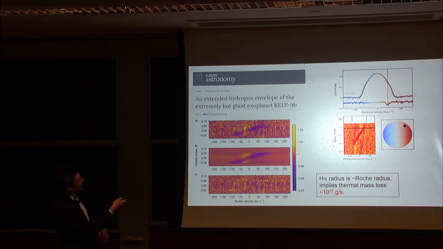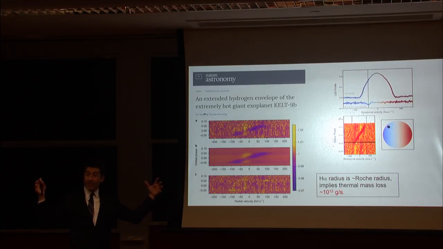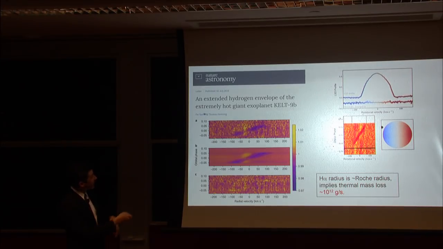More recently, there was a measurement of the H-alpha, of the hydrogen envelope around the KELT-9 planet, via Doppler tomography. So from the basic transit discovery, we can measure the size of the planet.